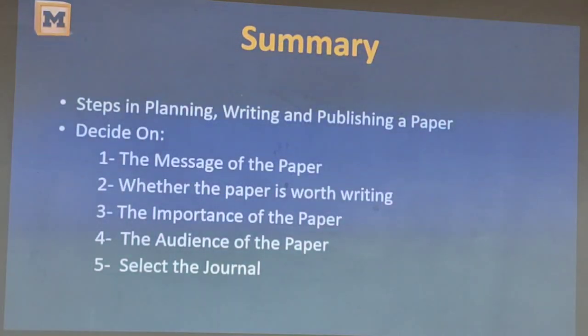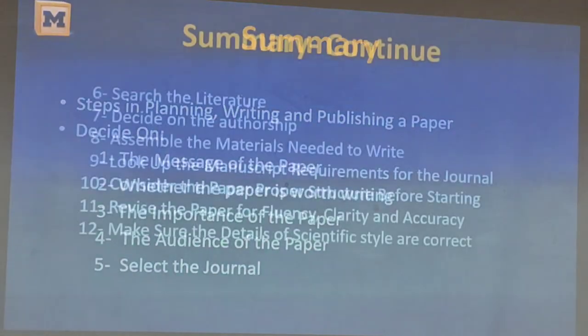So in summary, steps in planning, and this is really important. You really need to remember these. You need to know what the message of the paper is, what you're writing about. Focus on whether the paper is worth writing, its importance, the audience of the paper, and the selection of the journal.